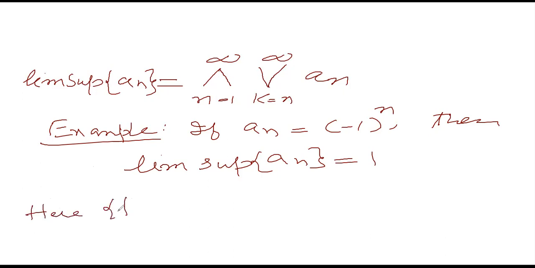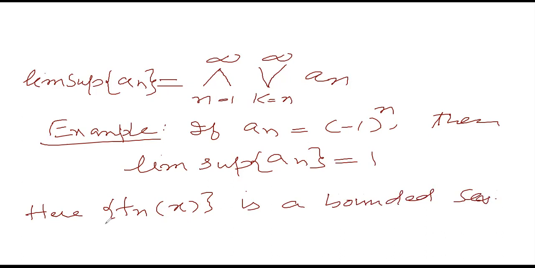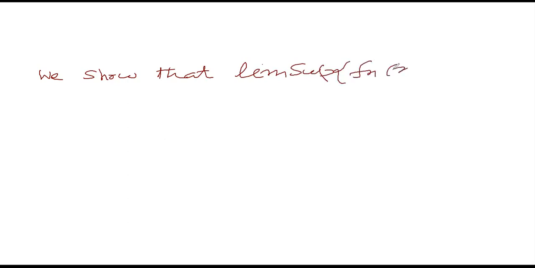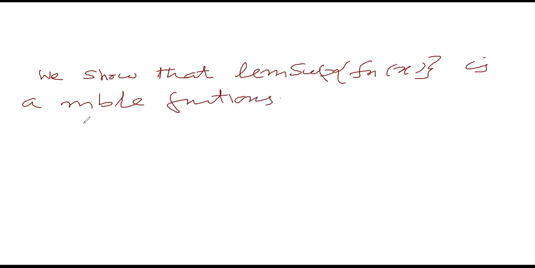Here fn(x) is a bounded sequence of measurable functions for each x belonging to X. We show that the limit superior of fn(x) is a measurable function.